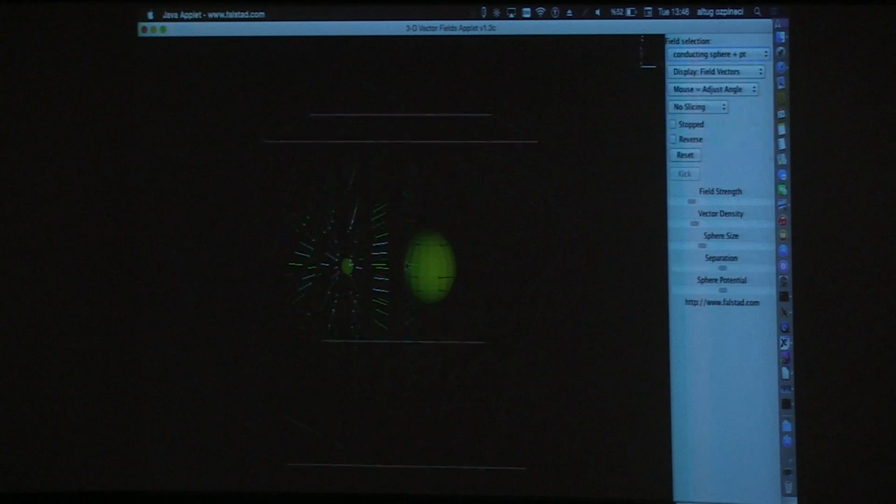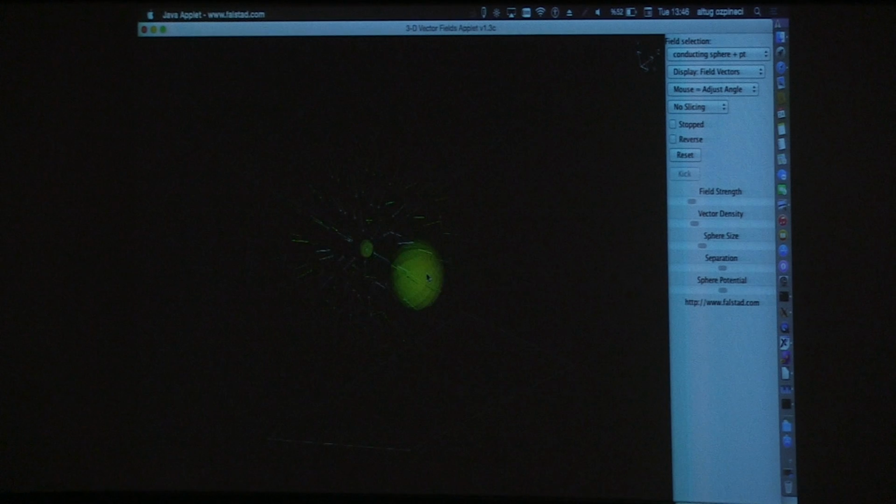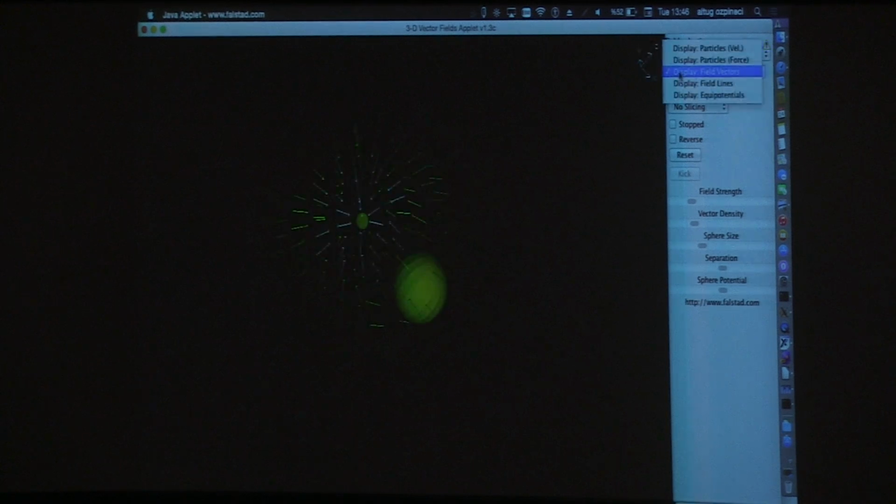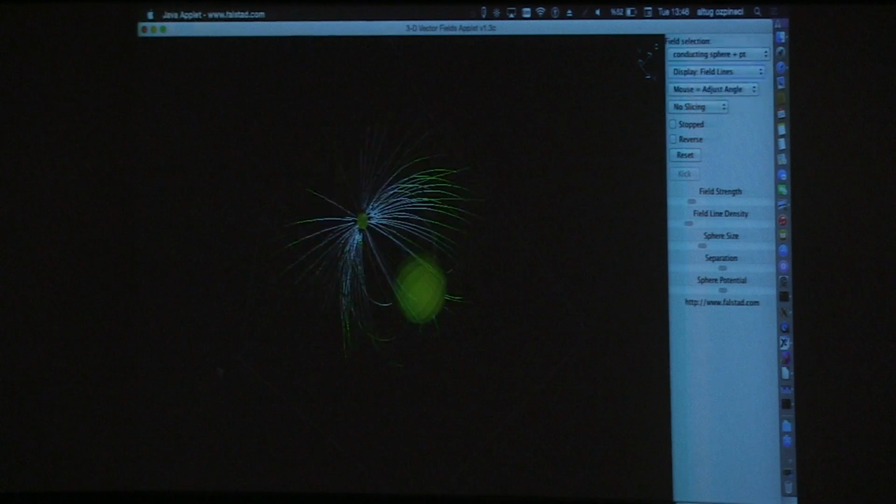So this is the electric vector field. Let's show the lines, which are more interesting, easier to identify.